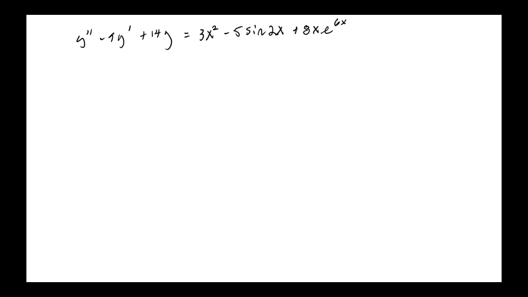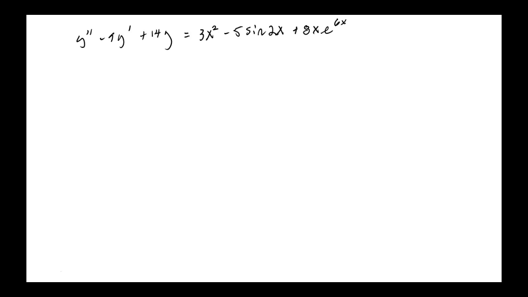Now, even though we're just focusing on the right-hand side, I always like to at least try to convince myself about what the left-hand side will look like. What will be your complementary? Yeah, go ahead. m squared minus 9m plus 14. Okay? m minus 7, m minus 2.